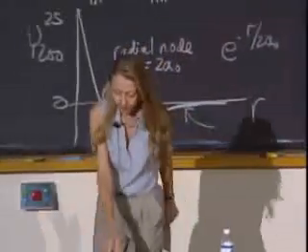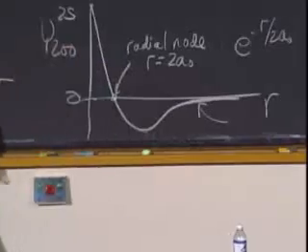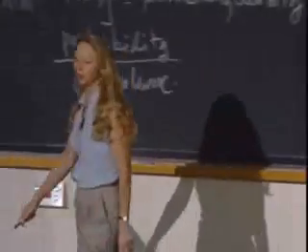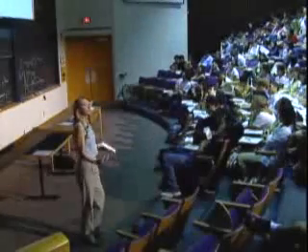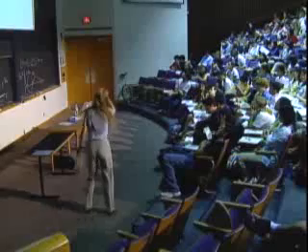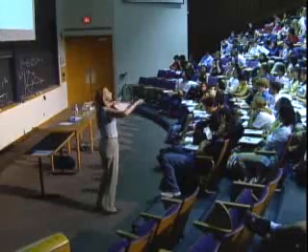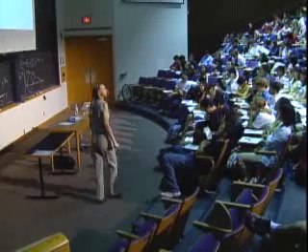The way I'm going to plot the probability density is I'm going to use some dots. And the density of the dots is going to reflect the probability density. So the more dense the dots, the larger the probability density.